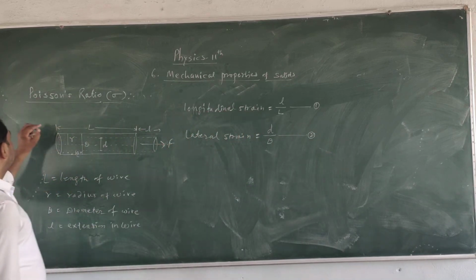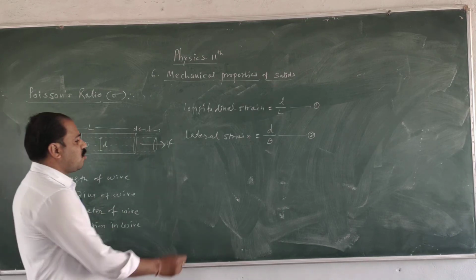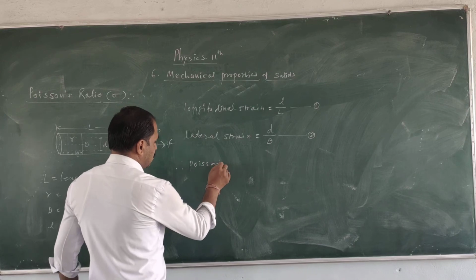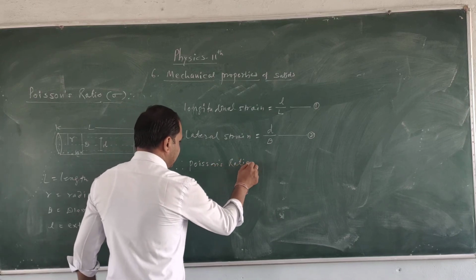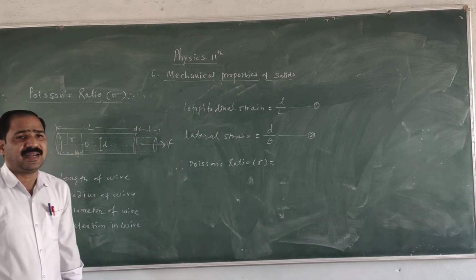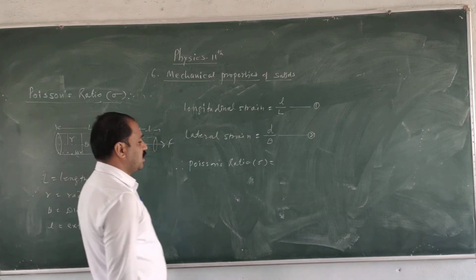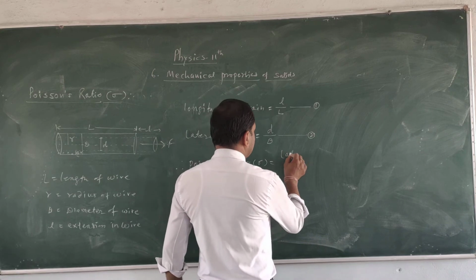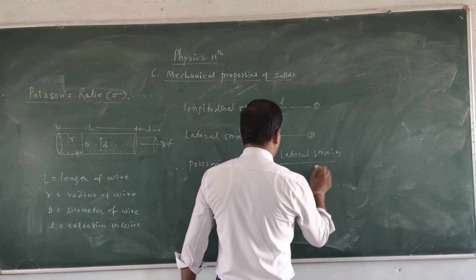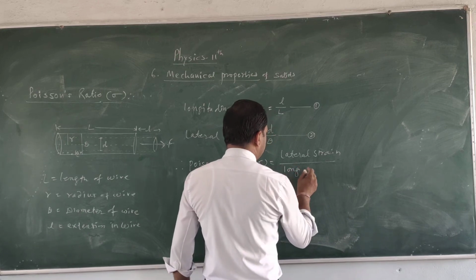But here the Poisson's ratio is the ratio of, therefore here the Poisson's ratio is given by, it is the ratio of lateral strain upon longitudinal strain. Therefore lateral strain divided by longitudinal strain.